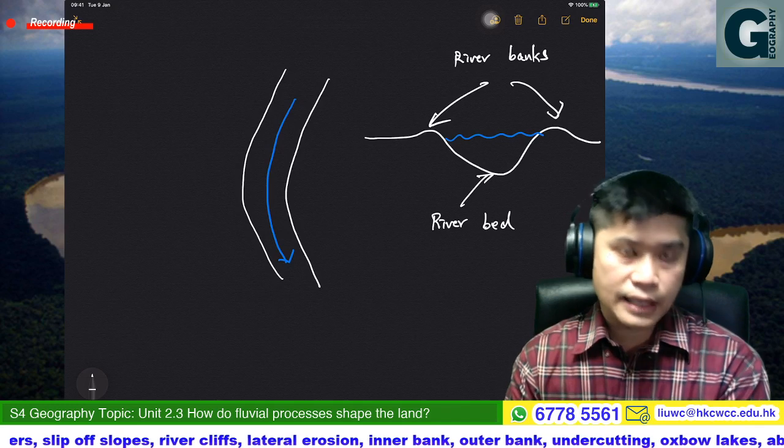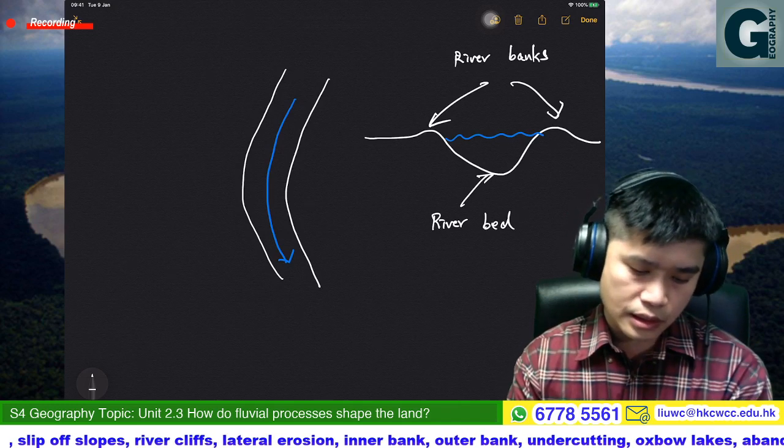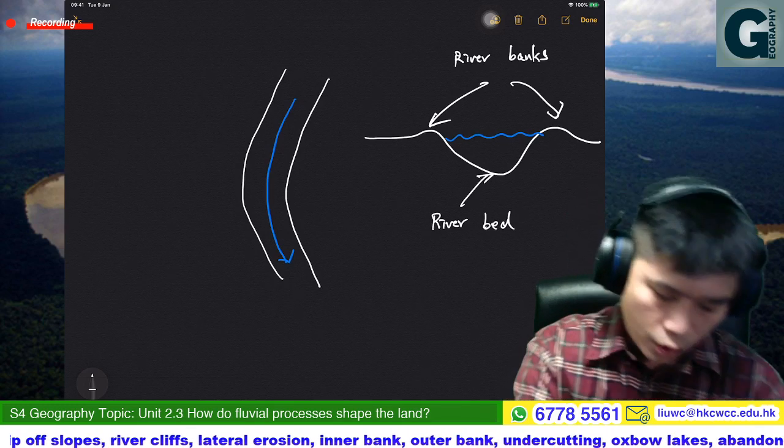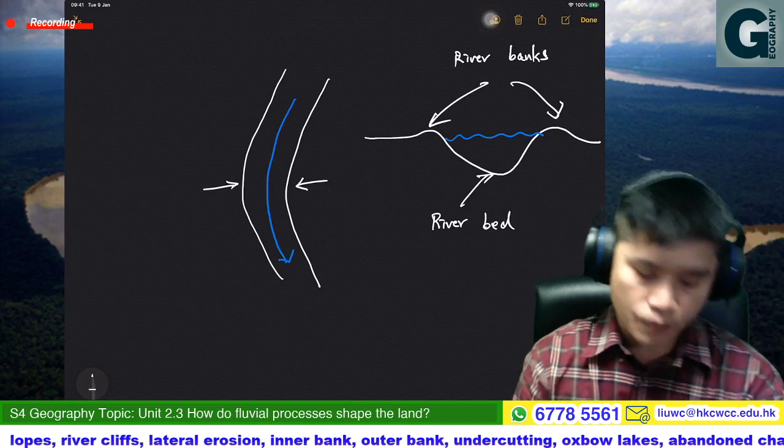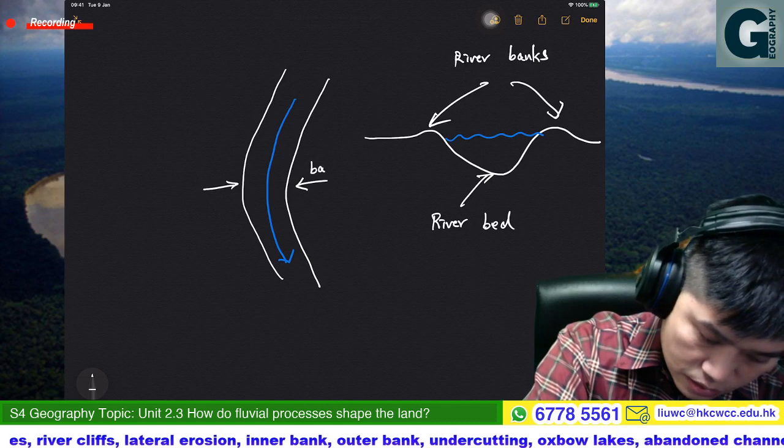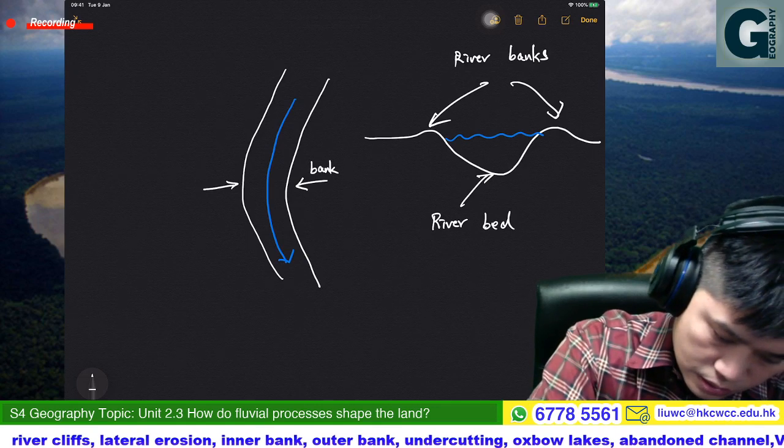Then let's go back to the overview. On both sides, we know that those would be the river banks.